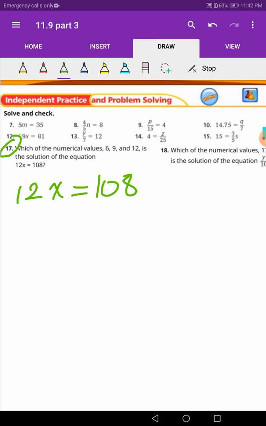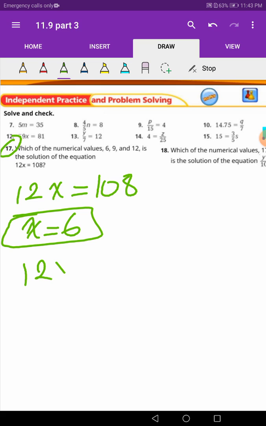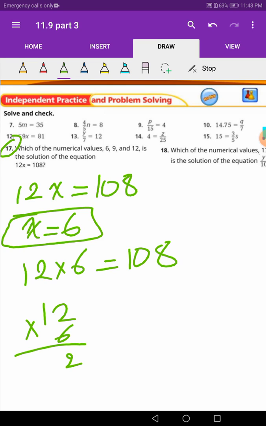Let's try to replace the x by 6. And when x equals 6, is 12 times 6 equal to 108? Let's check. 12 times 6, it's 12. 6 times 1 is 6 plus 1 is 7. So no, it's not.